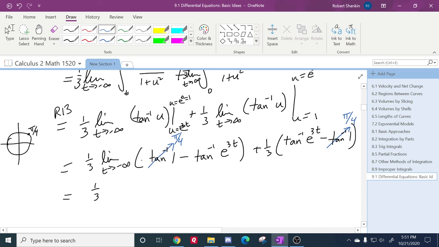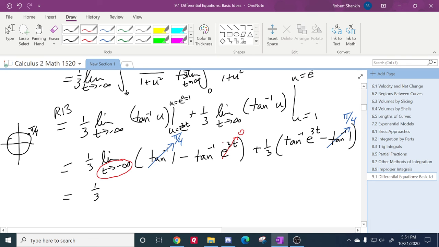Now, as t goes to negative infinity, you're going to get the inverse tangent of e to really, really big negative numbers, which when t goes to negative infinity, this thing will go to 1 over e to really huge, which means it goes to 0.